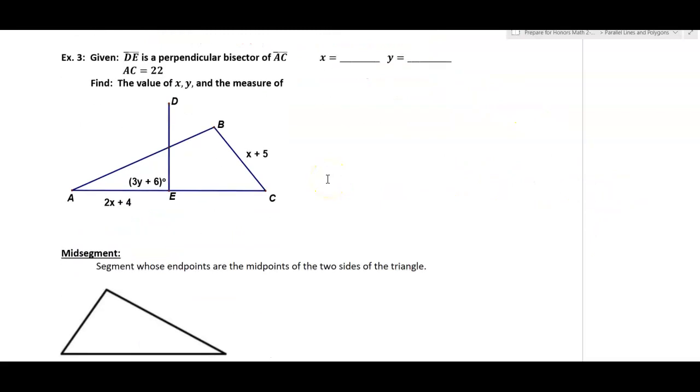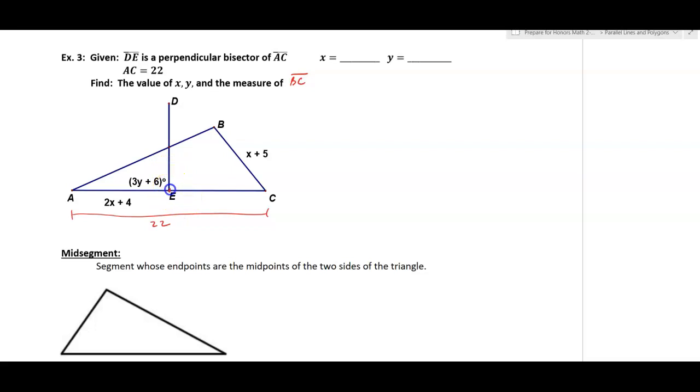So example 3. DE is a perpendicular bisector of AC. If AC is 22, so from here to here, AC is 22. Find the value of x, y, and the measure of BC, it should be, sorry. So to find x, think about it.